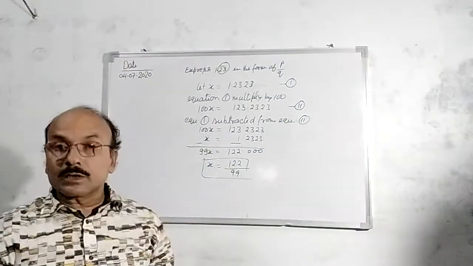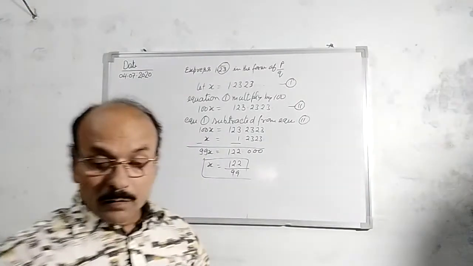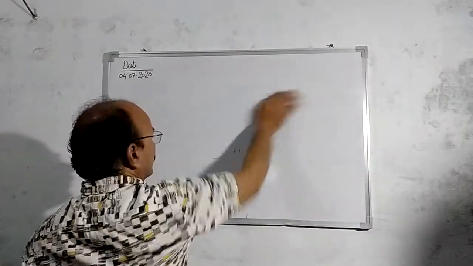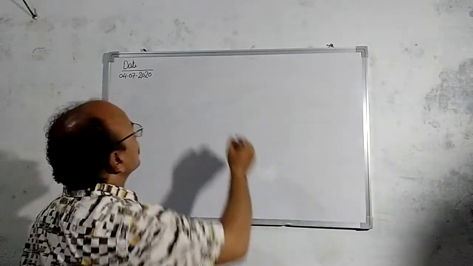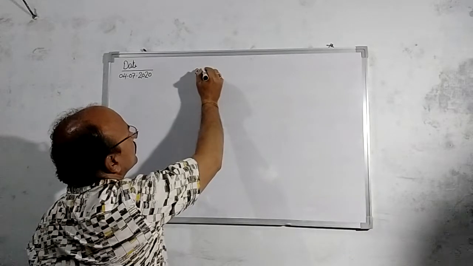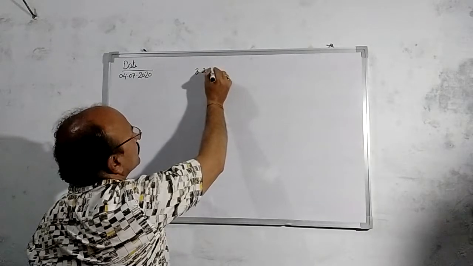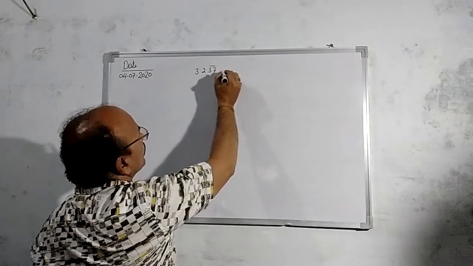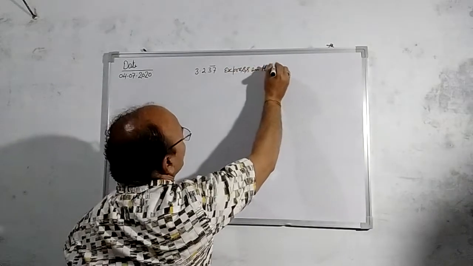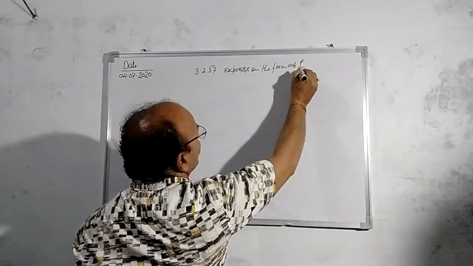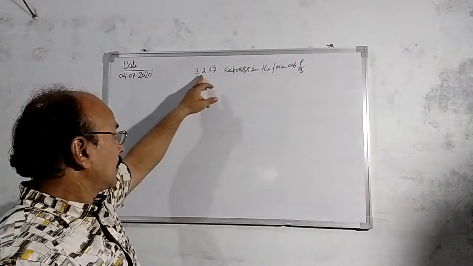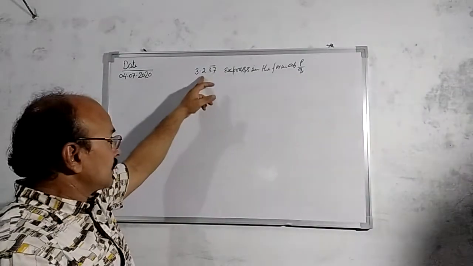And now I explain to you some special type of non-terminating numbers, how you can convert them in the form of P upon Q. So students, there is a number 3.237 bar to be expressed in the form of P upon Q. Students, you all are seeing here that there is a digit 2 which is in between the decimal and the repeating digit. 2 is not under the bar.